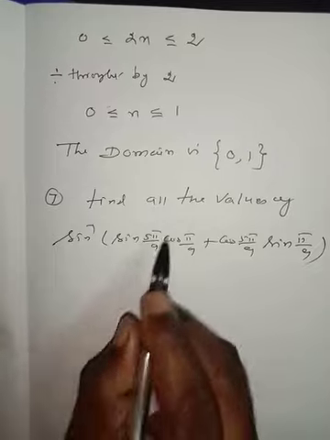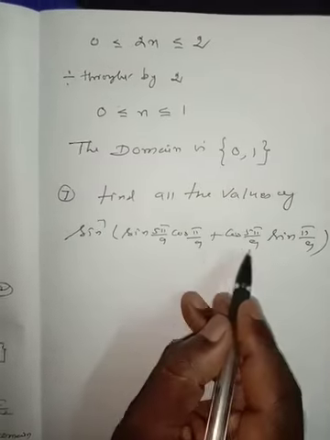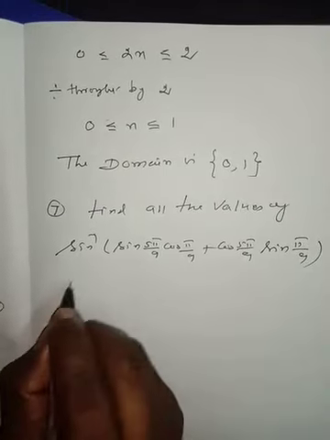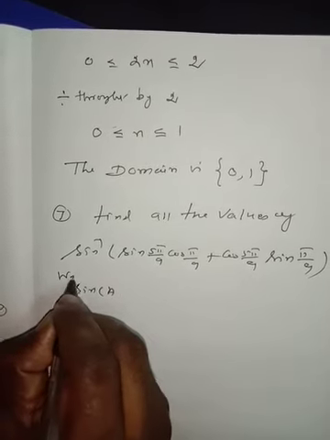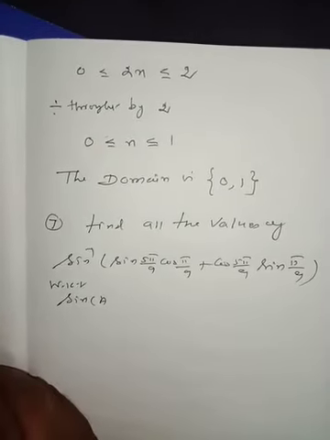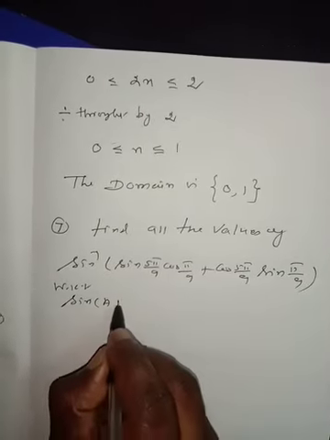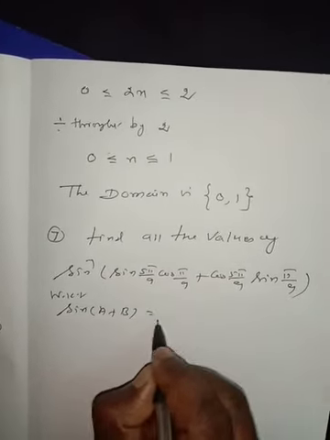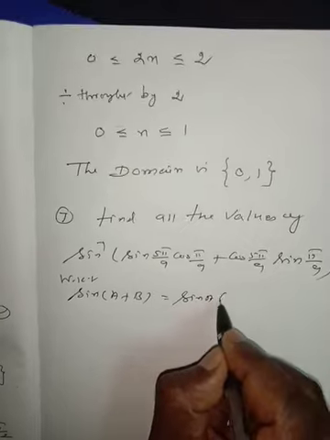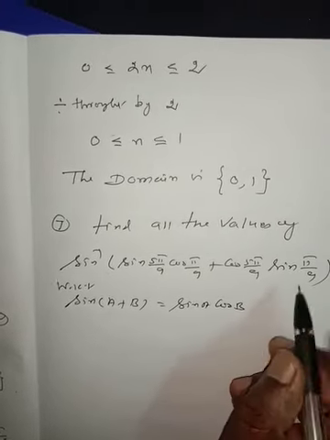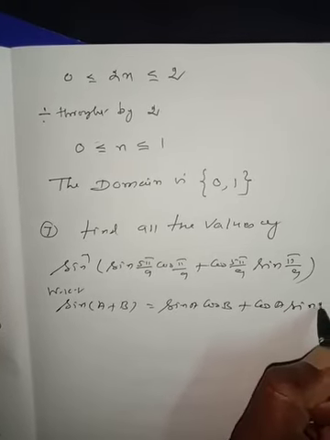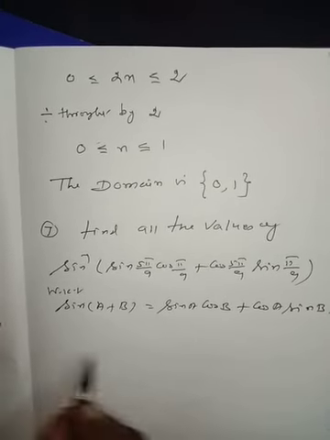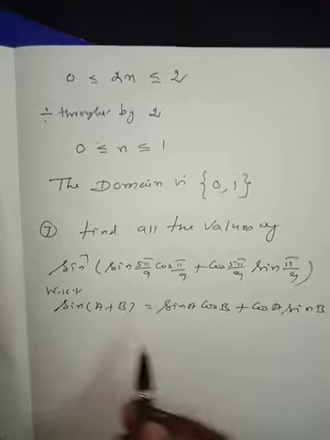This is of the form sin A cos B plus cos A sin B. We know that sin A plus B is equal to sin A cos B plus cos A sin B. This is the formula. Now using the formula we get the answer.